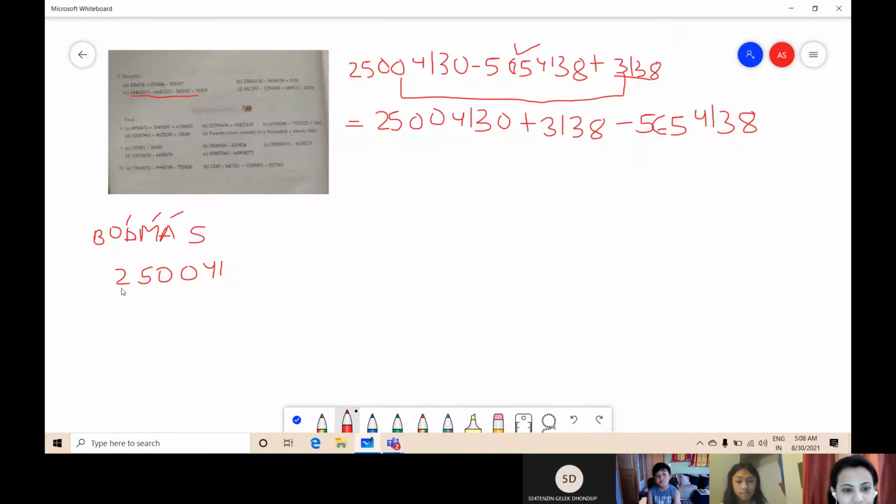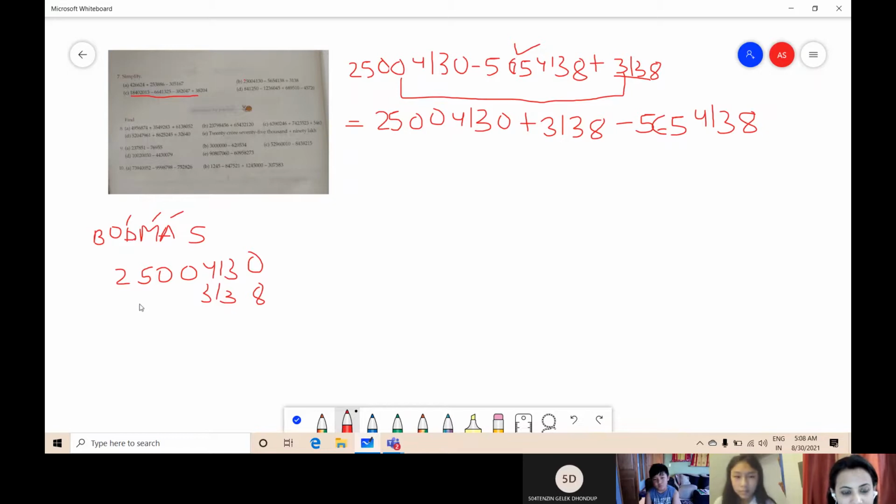Okay. See here, 25004130. Now see, write the next number 3138. Now see here, start writing from the ones place, like 8 3 1 3. Can you see this?